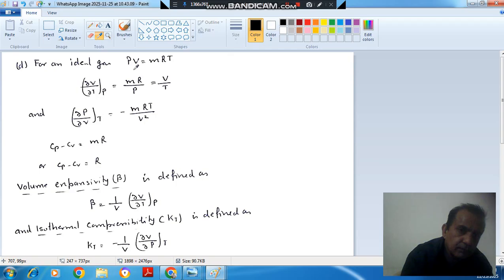If we take the temperature constant, then P will be equal to mRT by V, and if we differentiate it with respect to V, then (∂P/∂V) at constant temperature will be minus mRT by V squared, since the differentiation of 1 by V is minus 1 by V squared. Other things are constant: m is constant, R is constant, T is constant.